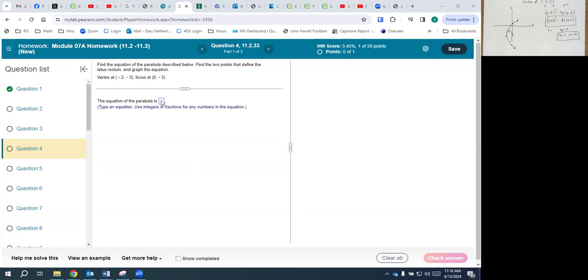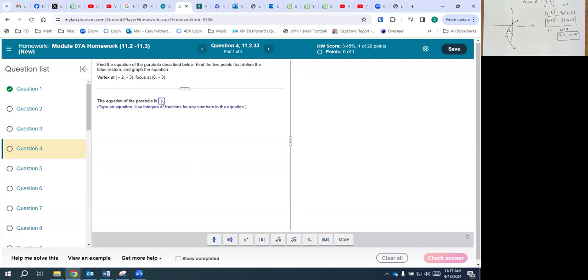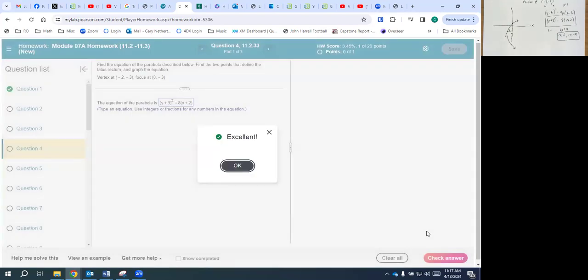So, equation of the parabola, I have in parentheses y plus 3 quantity squared equals 8 times, in parentheses, x plus 2. So I can check this now. And thankfully, it's correct.